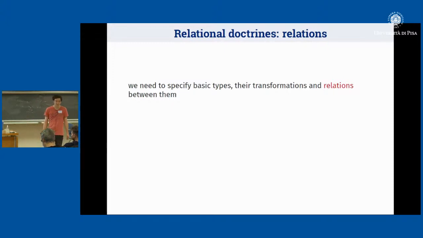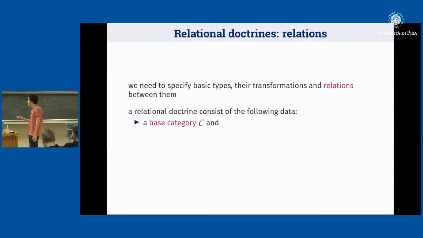Relational doctrines. So to define relational doctrines, I would need a base category, so the objects and the transformations I want, and a relation between such objects and their basic structure. And in this talk, I will just focus on relational composition and identities for simplicity. So what is a relational doctrine?